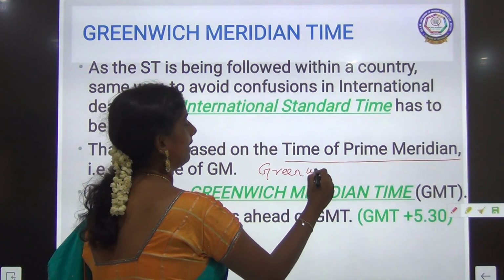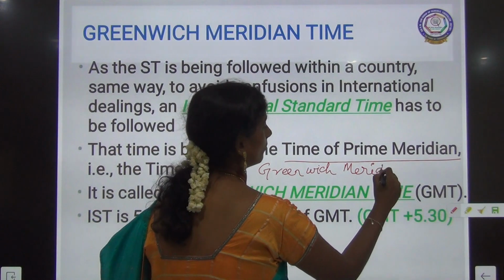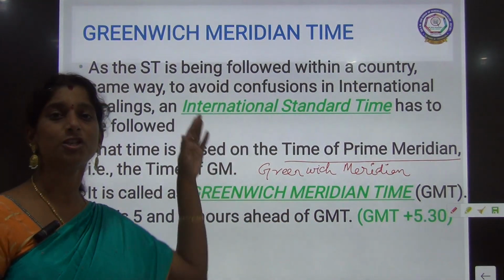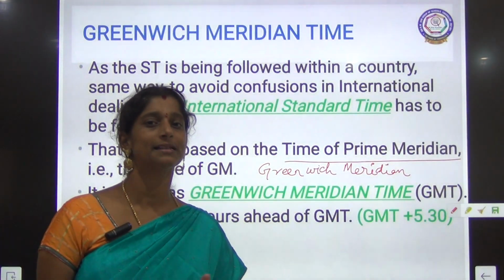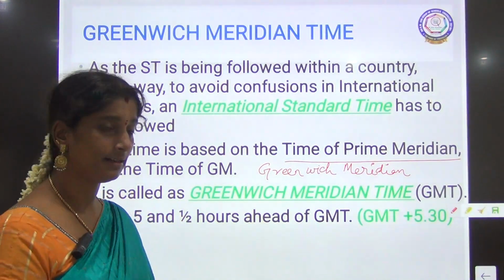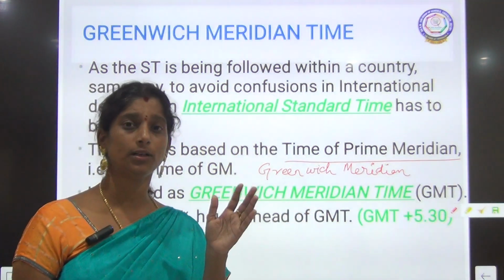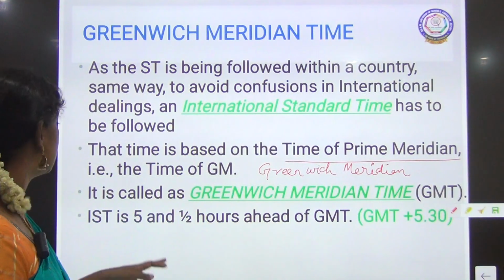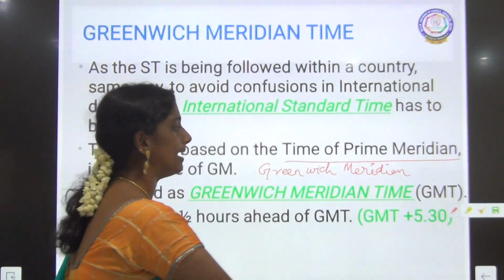We saw the Greenwich Meridian yesterday, which passes through London. It passes through the Royal Astronomical Observatory in London. So this is the standard time all over the world, which is based on Greenwich time. Clear? So this is known as Greenwich Meridian Time, GMT.